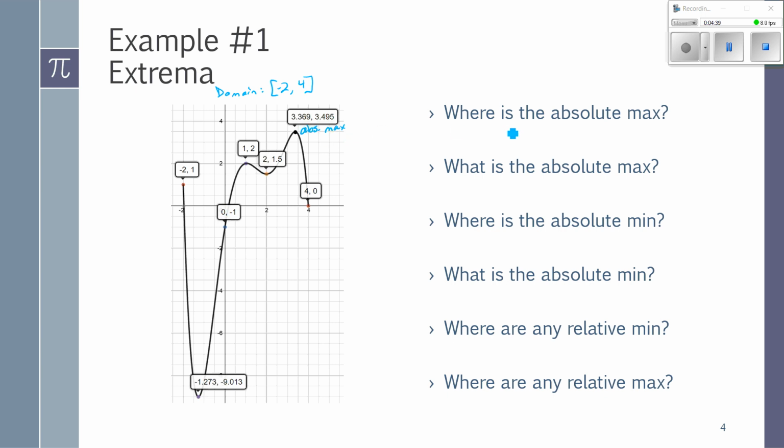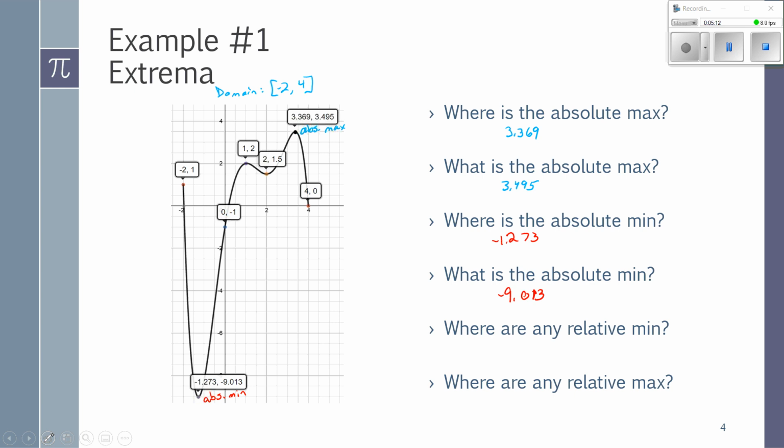And where it is is at 3.369. What the absolute max is is the y-coordinate, 3.495. Then I'm asked for the absolute minimum. Well, the absolute minimum is over here because that's the lowest point in the entire domain. Where it is is the x-coordinate, negative 1.273. What it is is the y-coordinate, negative 9.013.